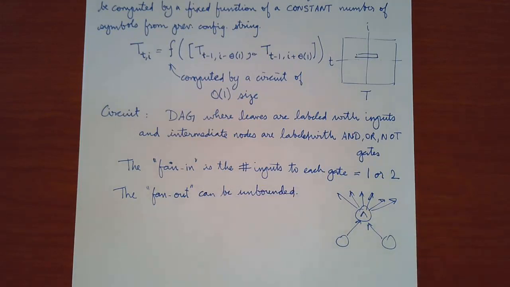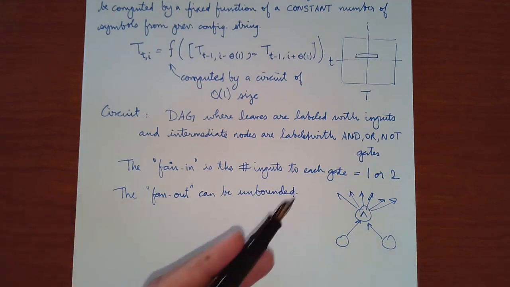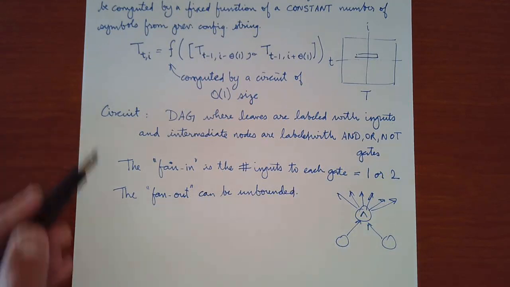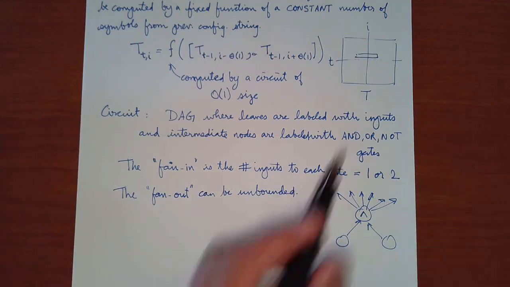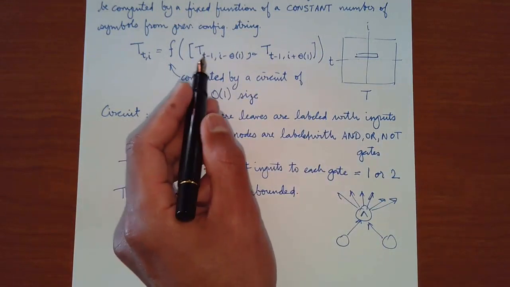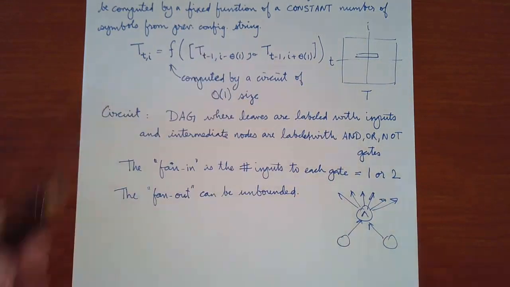So this is the setting we'll consider. You'll see that most of these don't really depend on these explicitly, but for now, let's stick with this. The fan-in is bounded and the fan-out is unbounded. So this is what I call a circuit. It's a DAG. So here the inputs are labeled with the symbols here, and you have a DAG to compute T of i.